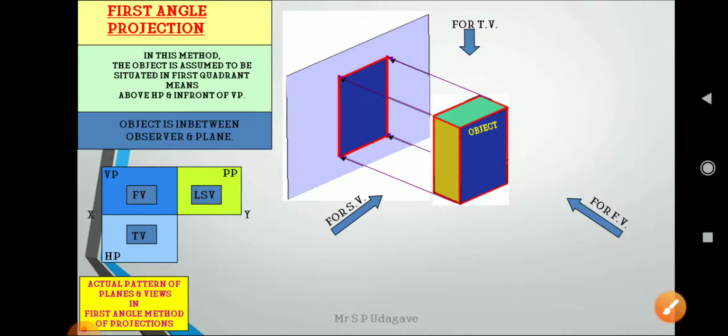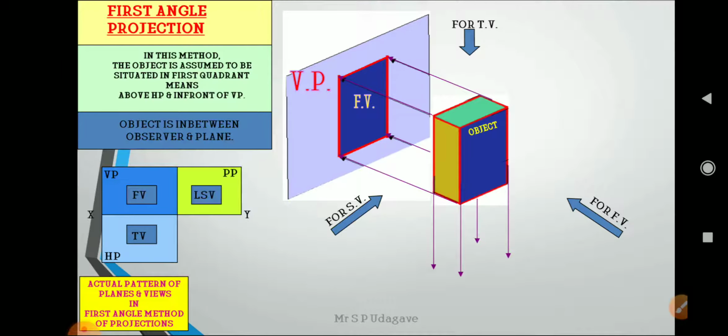Now take the projections. We calculate the length, height and width first, and then project the views. We get the front view on the VP, the vertical plane. We can observe the blue color and red color corners or lines of the object.